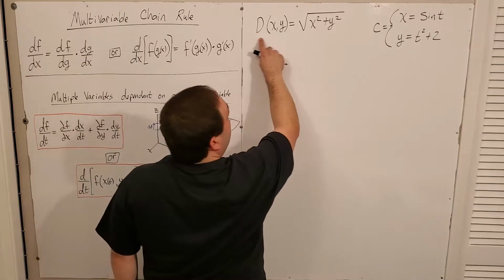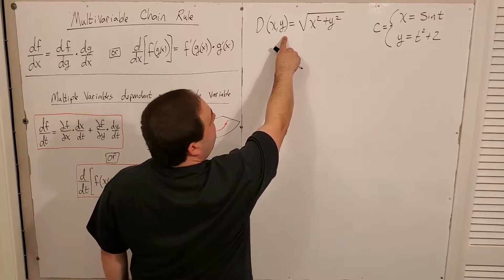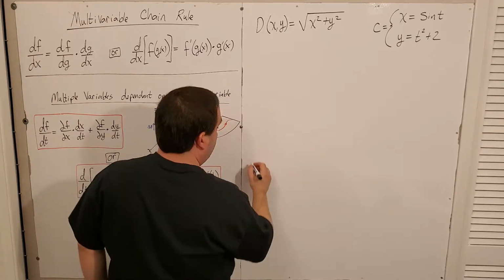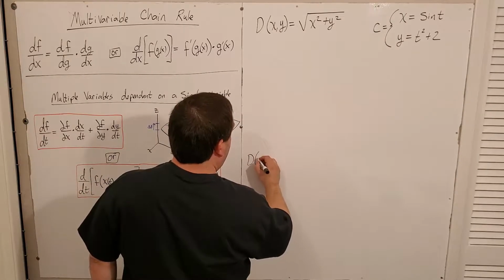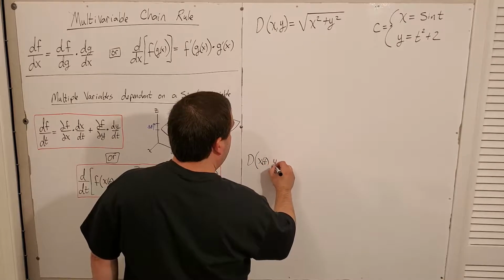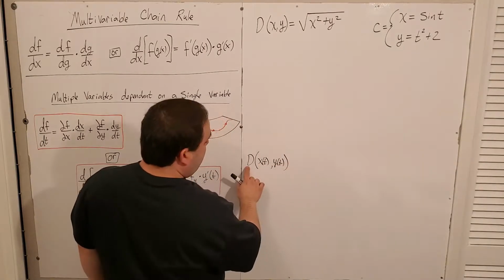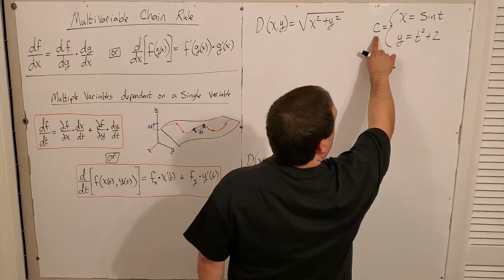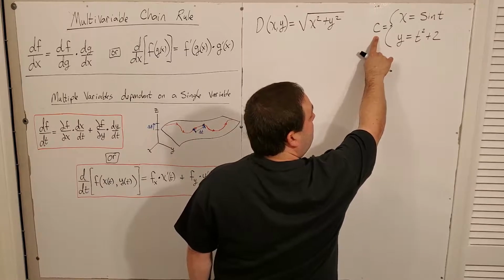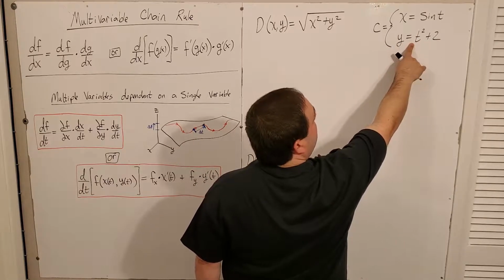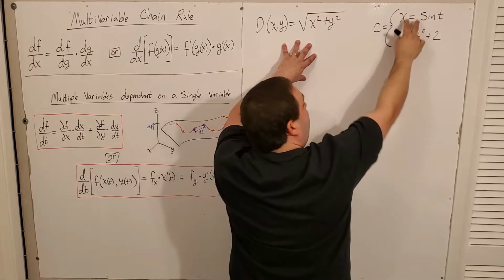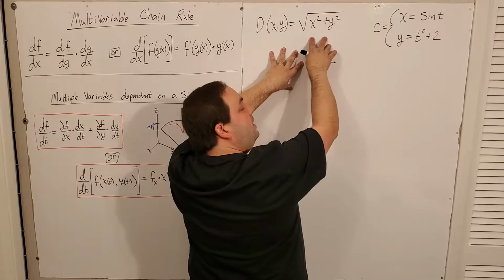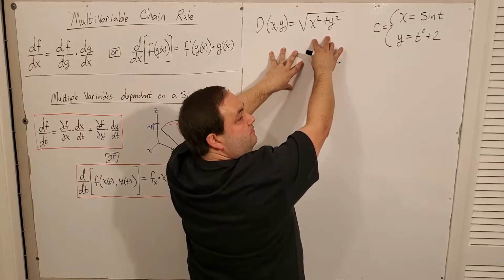I could actually turn this into a function of t if I wanted to, right? I could say D of x of t, y of t, which basically makes it D of t. The curve that I'm following in the domain follows this parametric equation, okay? So if I followed this parametric equation in the domain, it will give me a curve on the surface.